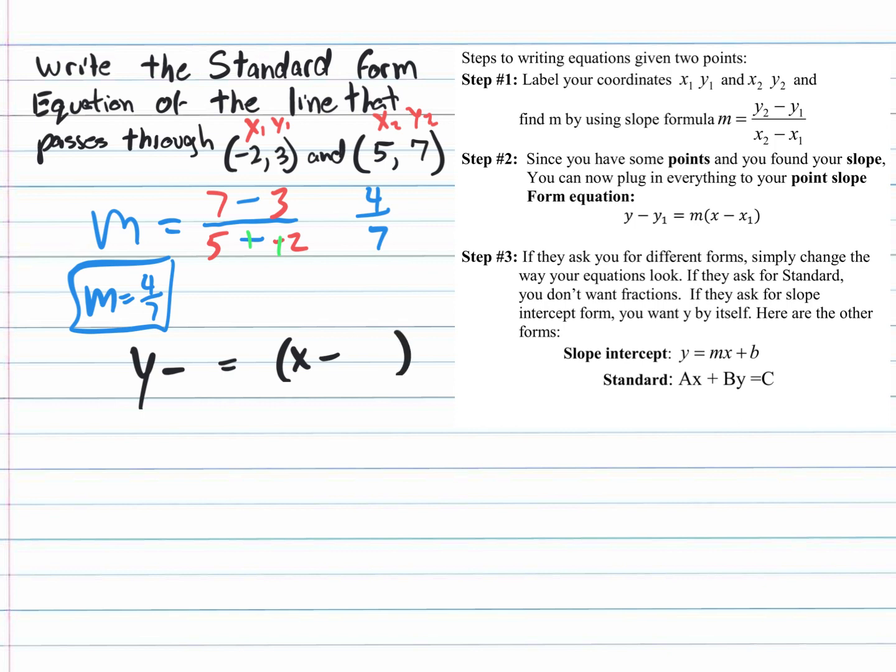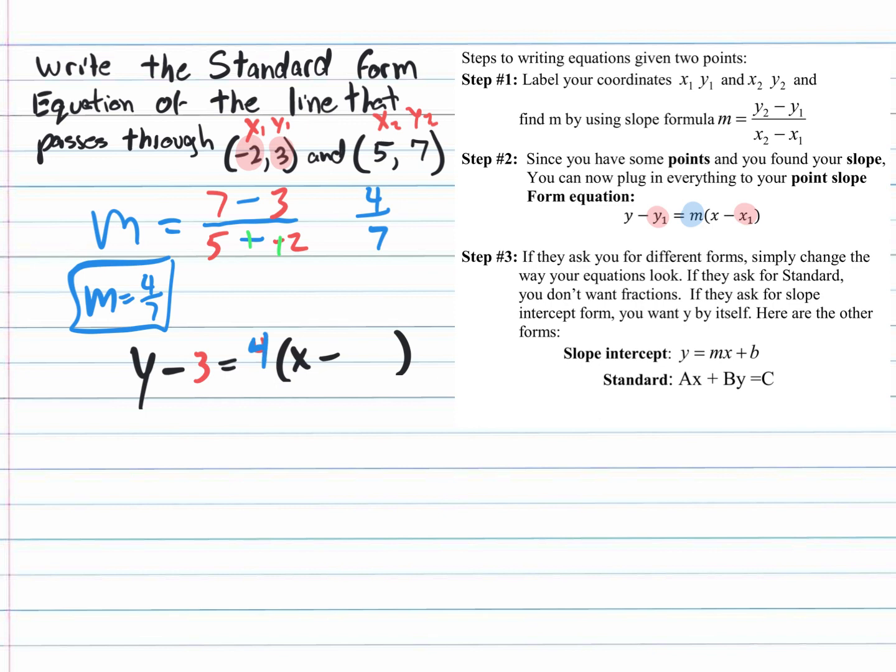Okay? Why is that? Because I'm going to take my m value and put it in right there, and I'm going to take my x1 and put it right there, and my y1 and put it right there. Okay? So my y1 value is 3. My m value is 4/7.